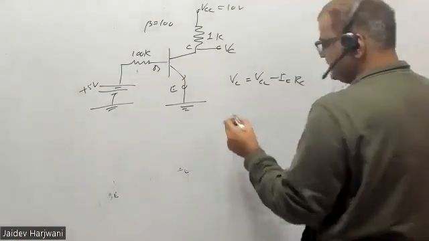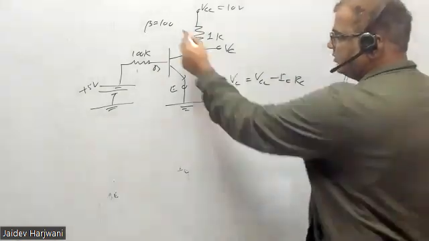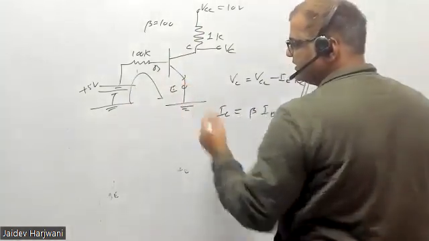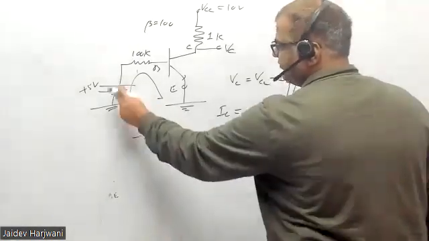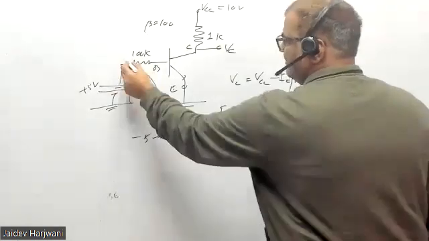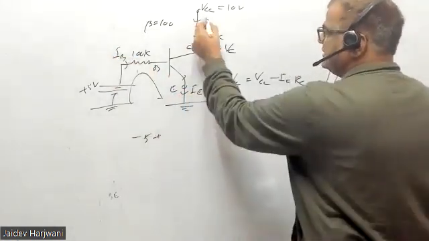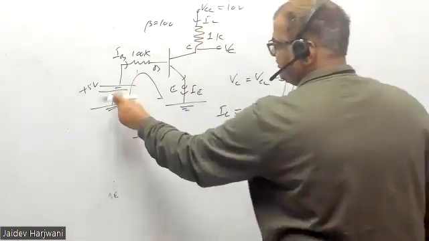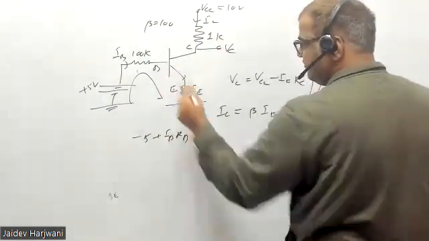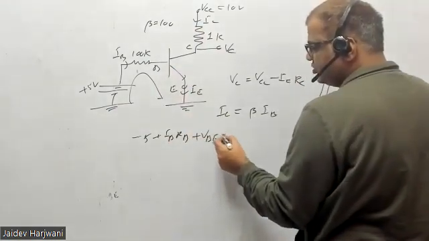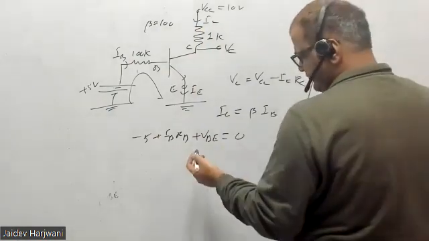So you first have to find IC. What is IC? IC is beta IB. Beta is given, you have to find IB. IB will come from this circuit. So how much will IB be from this circuit? 5 minus IB RB minus VB, where VB is generally 0.7. Sometimes you can take 0 also. So that depends.